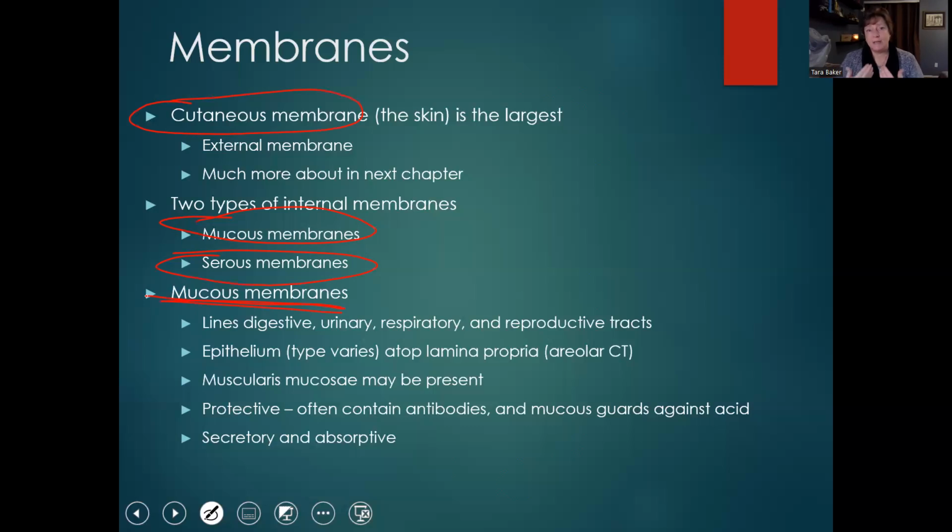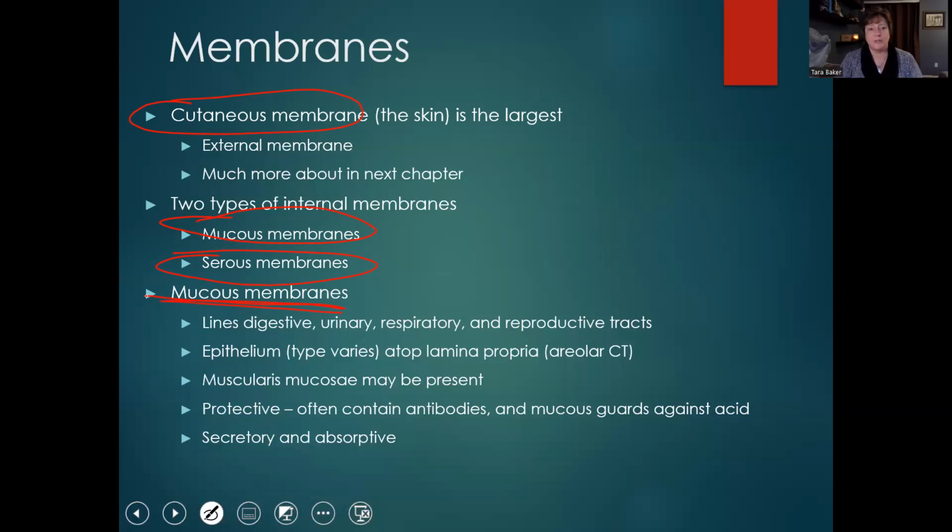Mucus in your respiratory tract is supposed to be collecting pathogens and getting those pathogens out of you. But you also have mucus in your digestive tract. Think about when you throw up and you have mucus in there. Think about when you poop. Around your poop, you have mucus. So mucus lines your digestive tract.